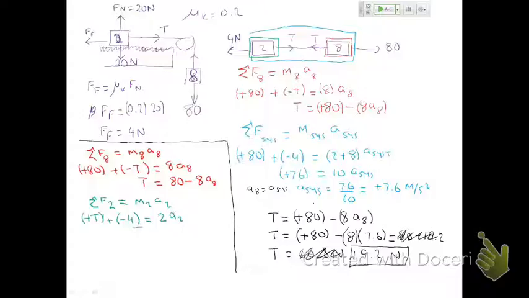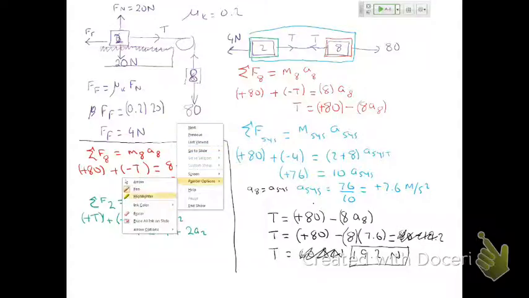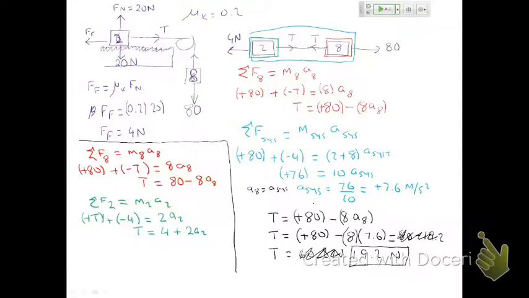So t, well, I want to find t, but let's just hold on for a second. I'm going to have to do a little bit of finagling here. t is equal to 4 plus 2a2. Let's go to the good old black, and we'll do some math now.